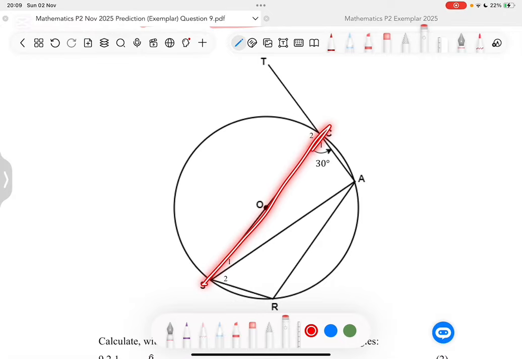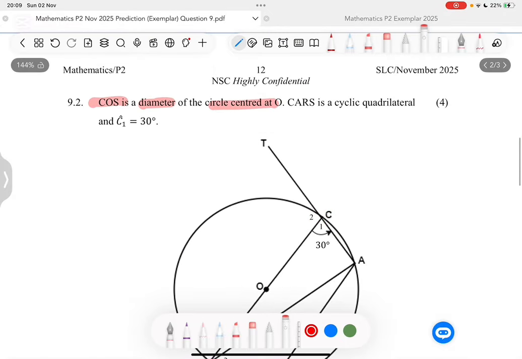That means we have a semicircle here. We're dealing with a semicircle, half of a circle. The question further goes on to say COS is a cyclic quadrilateral and angle C1 is 30 degrees.